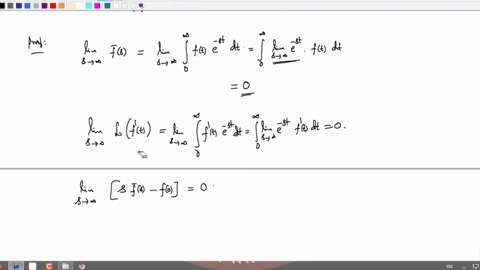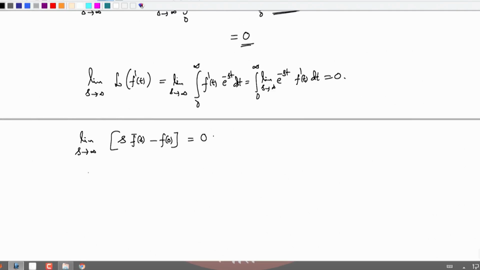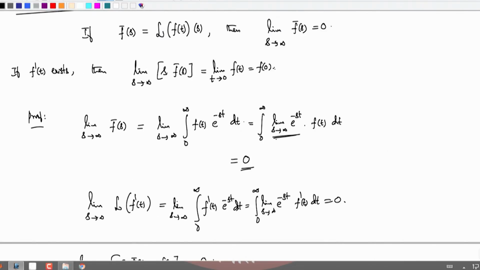This is how we calculated the Laplace transform of the derivative of the function. So, this is nothing but the limit of s times f bar of s as s goes to infinity, which equals a constant in terms of f of 0; for a function continuous at 0, the limiting value is the same as that. This is exactly what we needed to show.